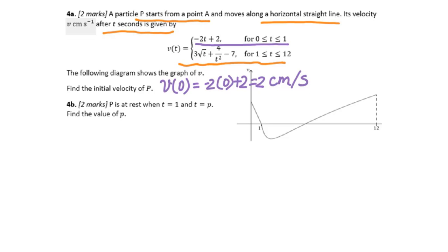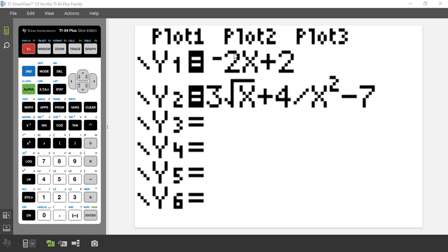For B, P is at rest when t equals 1 and t equals p. Find the value of p. Basically, we just need to figure out the zeros of the function, this one. So I will show you a graphing calculator. Now I put these two functions into a graphing calculator.